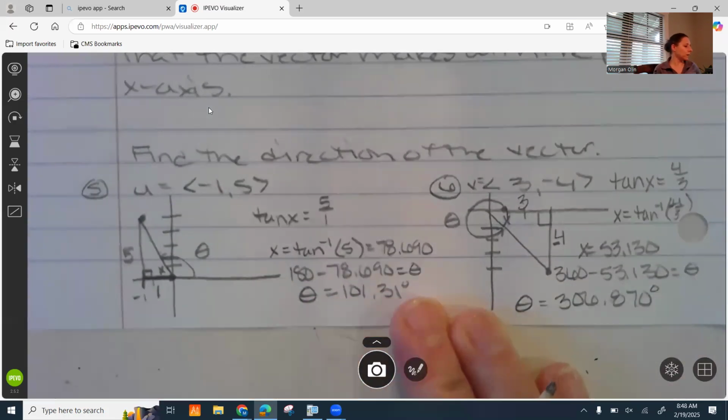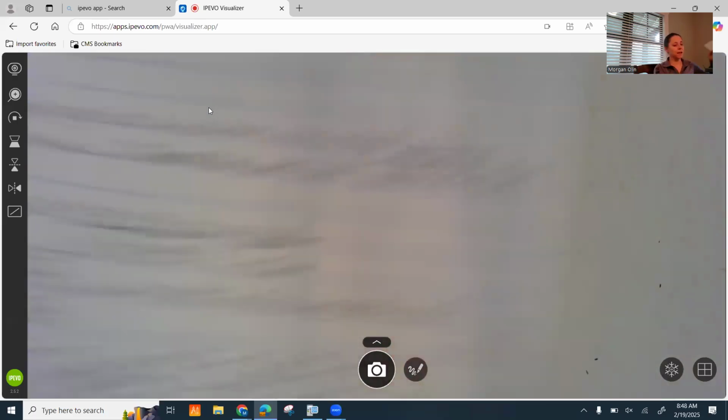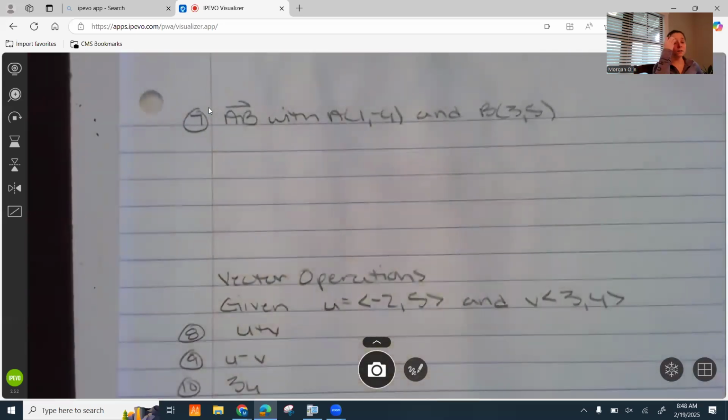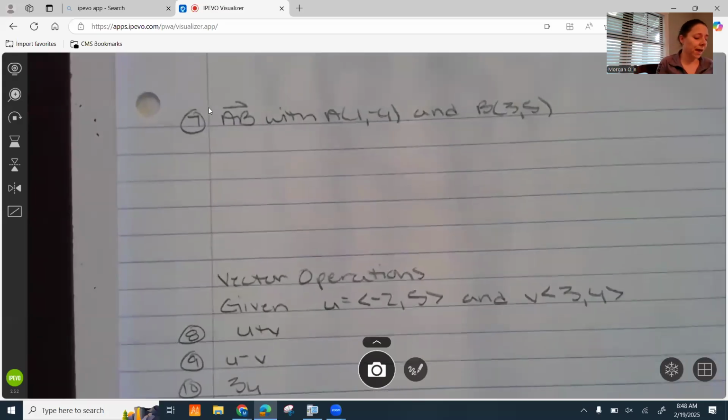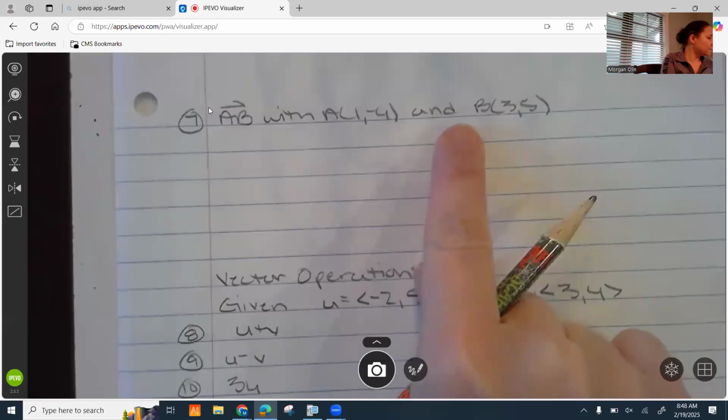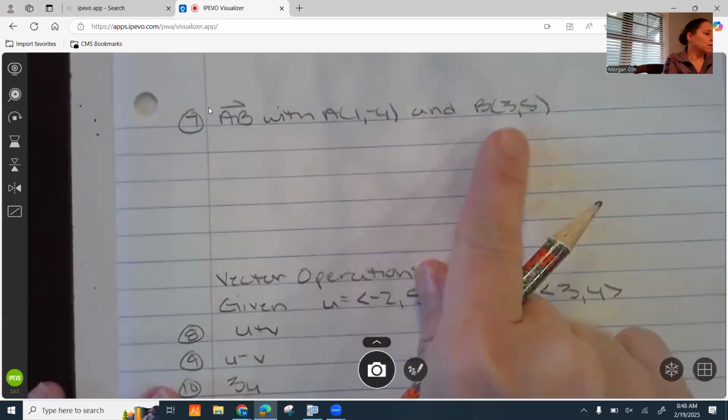Okay, moving right along. All right, let's look at number 7. Again, we're still looking and recalling vectors. Vector AB with A being 1, -4, and B 3, 5.